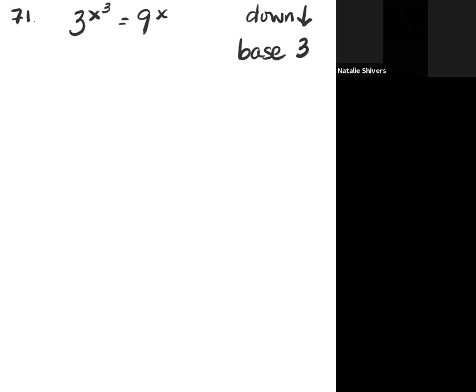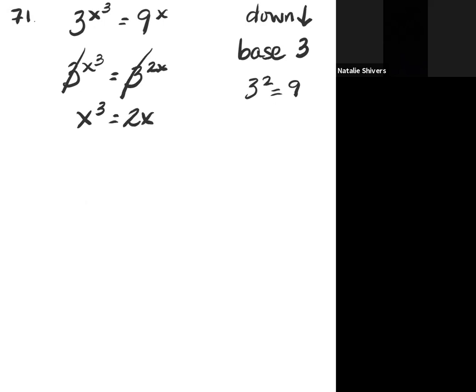So the left is perfect. 3 to the x cubed equals, well, 9. 3 squared equals 9. Okay, so I get 3 to the 2x. So it's multiplied together. Okay, it's not 2 to the x, it's 2 times x. Now I can drop the bases, and I get x cubed equals 2x.